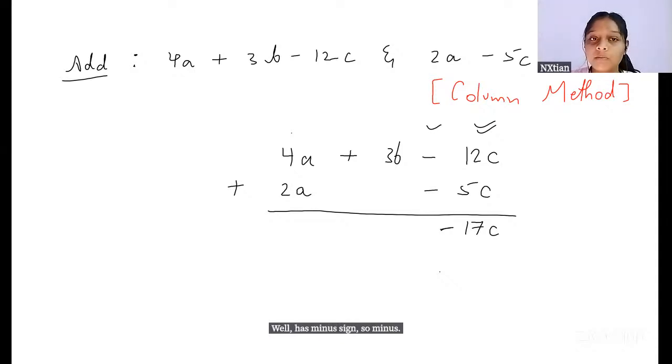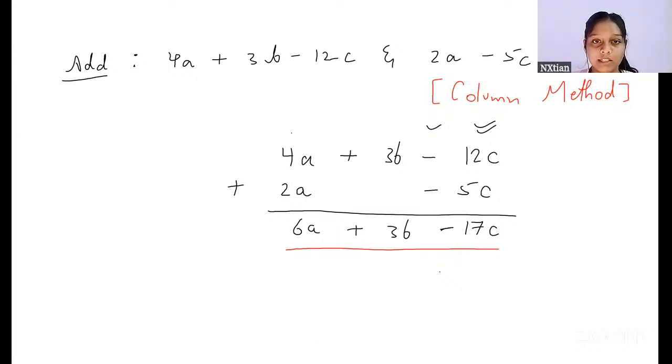Then 3b, nothing below 3b to add, so 3b as it is. Then 4a plus 2a is 6a, with a plus sign. So your answer will be 6a plus 3b minus 17c. Okay.